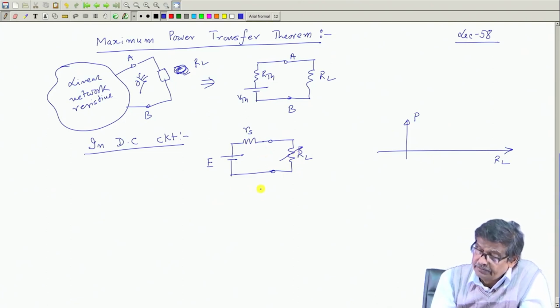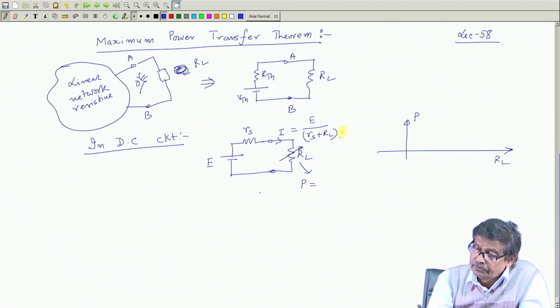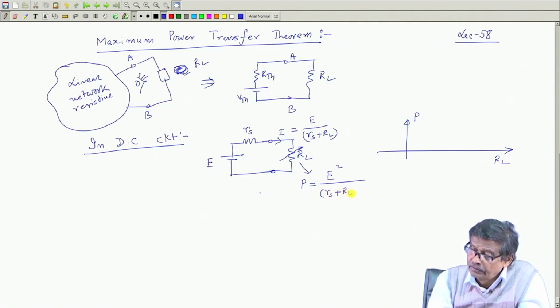For any finite value of RL, the value of the current will be E by RS plus RL. This will be the current, and power in RL, P is equal to I square RL, that is E square by RS plus RL whole squared into RL.